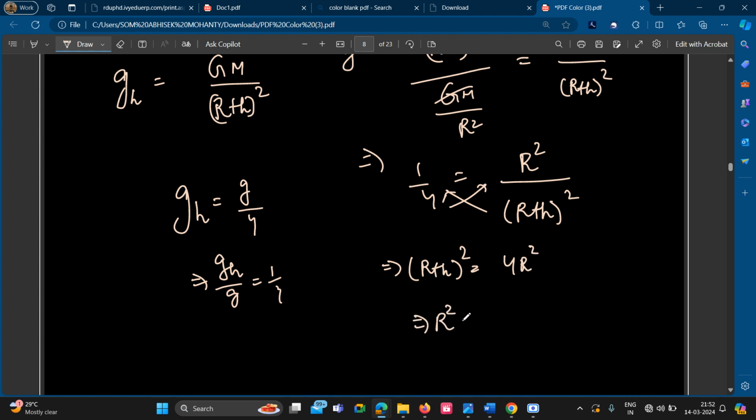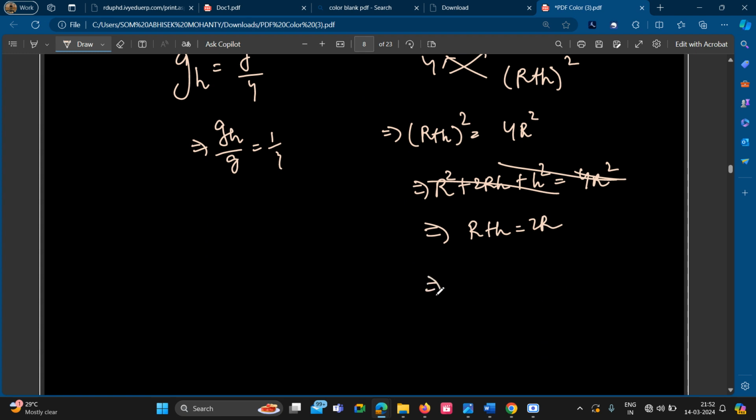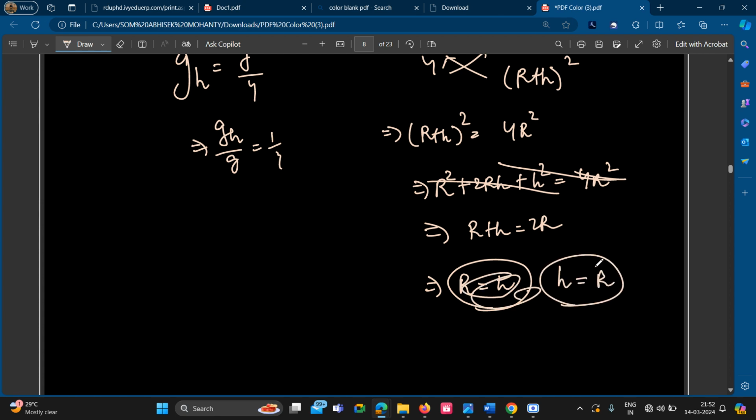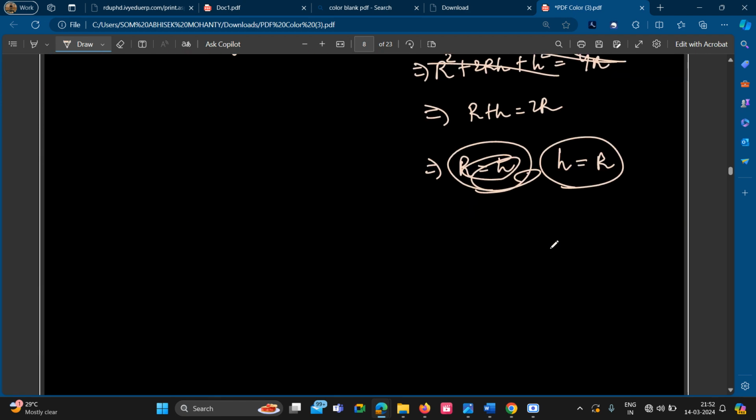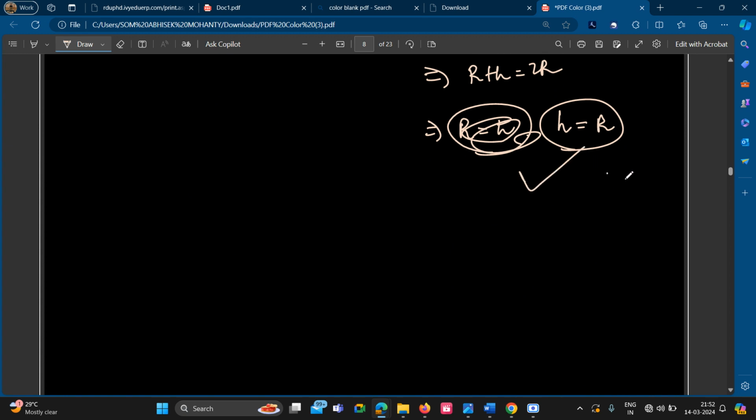Otherwise, just take the root on both sides: R plus h is equal to 2R. If you take R to the other side, h is equal to R. We need the height h, so h is equal to R. That is the answer.